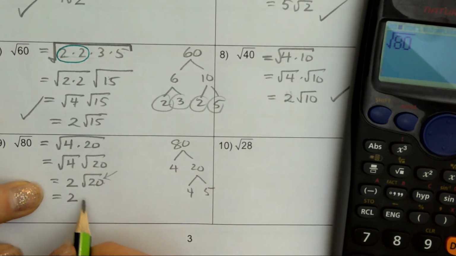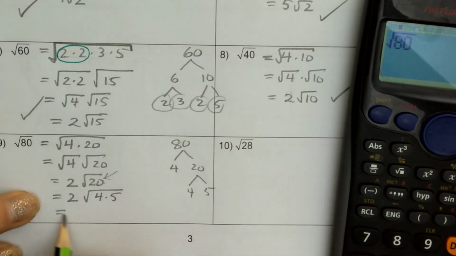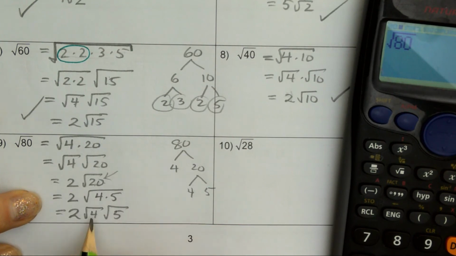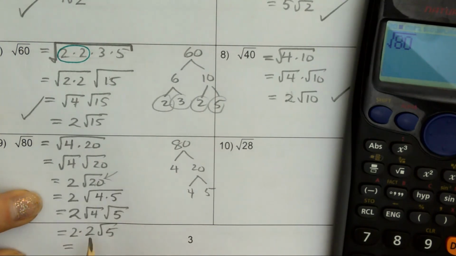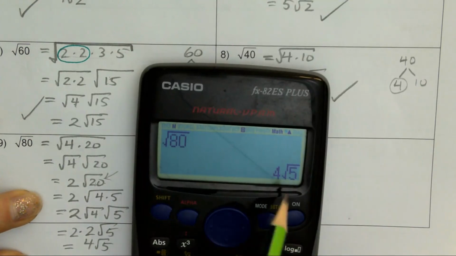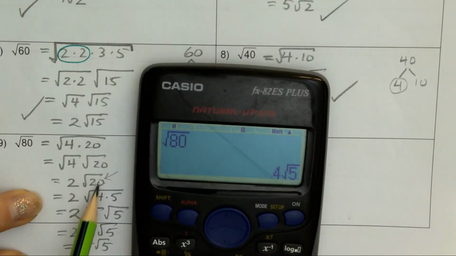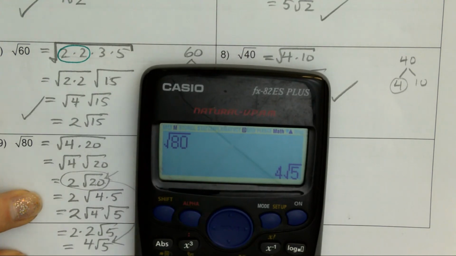So that's 2, and 20 is equal to 4 times 5. So we have to separate that other one out. So the square root of 4 is 2, and we have the root 5. 4 root 5. Look, now we are correct. So if you get the wrong answer, you might just have to keep going, okay?